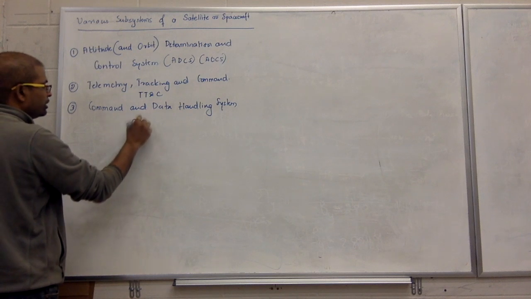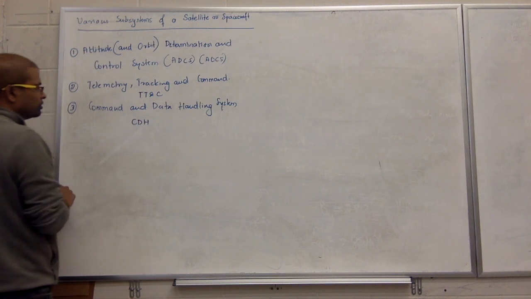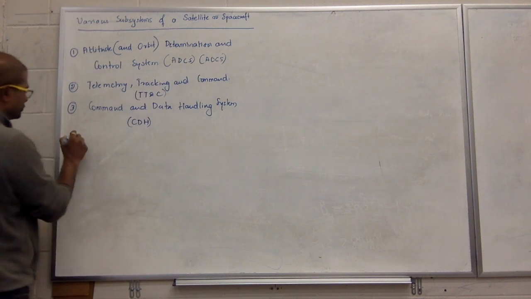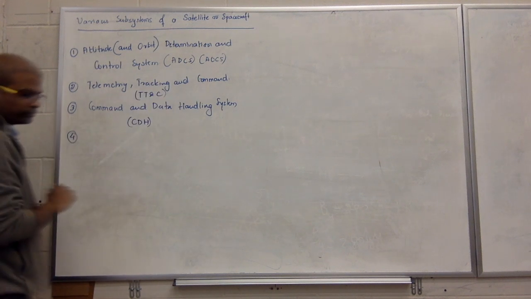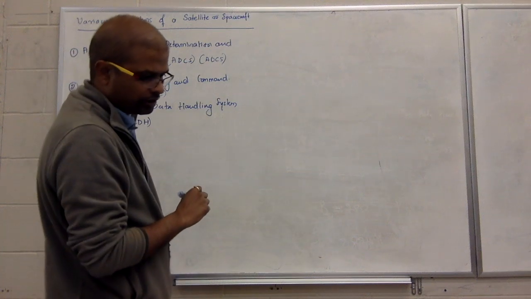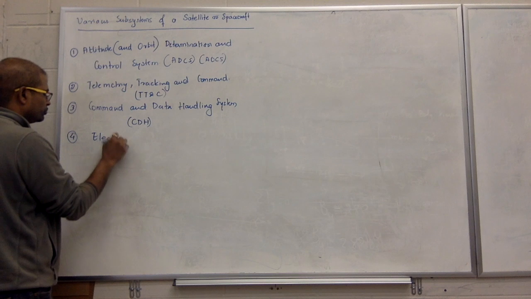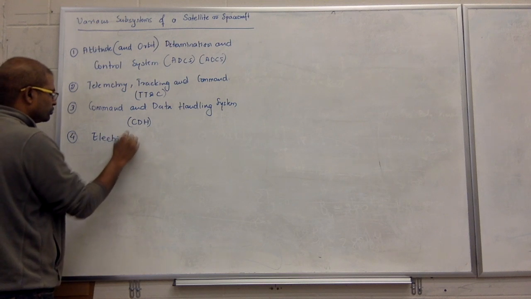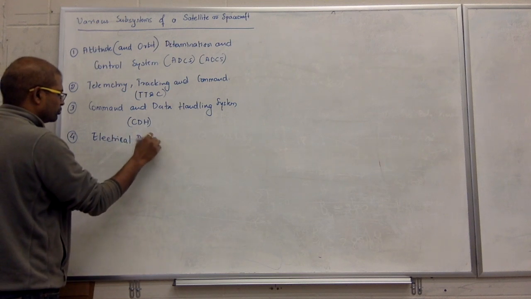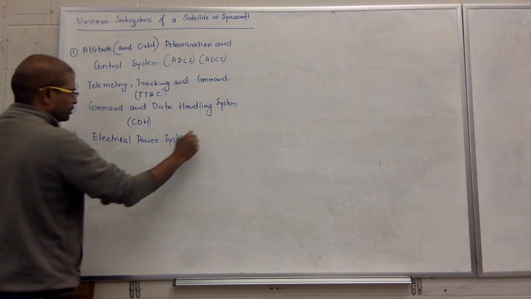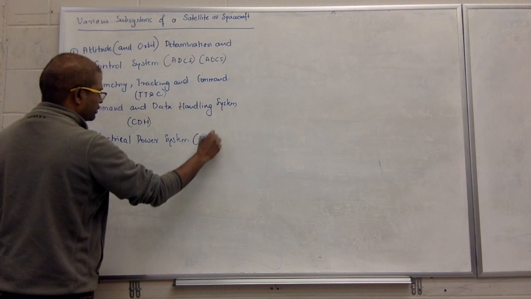This is called the CDH. Then you have the electrical power system, okay, or the EPS.